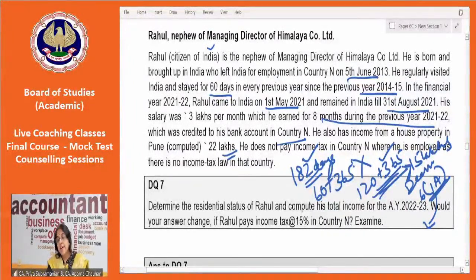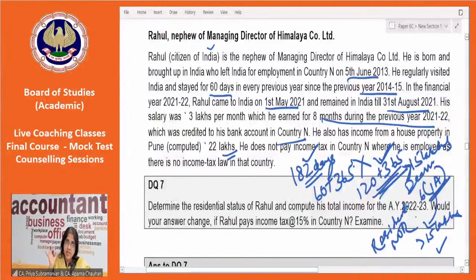A deemed resident is a citizen of India who does not pay tax anywhere outside India, and in such a case, if that person's Indian income exceeds 15 lakhs, he would be deemed resident. In both the 120-365 case as well as the deemed resident case, the person would be resident. If the person is a resident, by default he would be resident but not ordinarily resident, without going into any further condition.